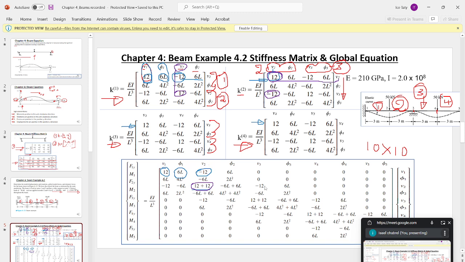It's V2 because it's 1, 2, 3. Between 1, 2, 3 is V2. V2 and V2 is 12. Is there another V2? Yes, there's a 12 there. So V2 is 12, plus there's 12. Okay, it's fine.